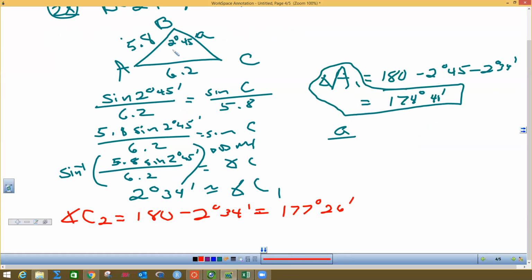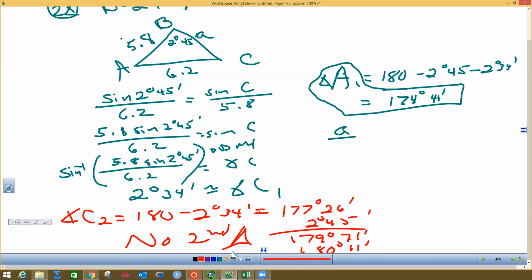So if I add 2 degrees 45 minutes, I hope you see that this is 179 degrees 71 minutes. How many minutes does it take for a degree? 60, right? So you subtract 60 from that and bring this over. Is that bigger than 180? Yes, so there is no second triangle.